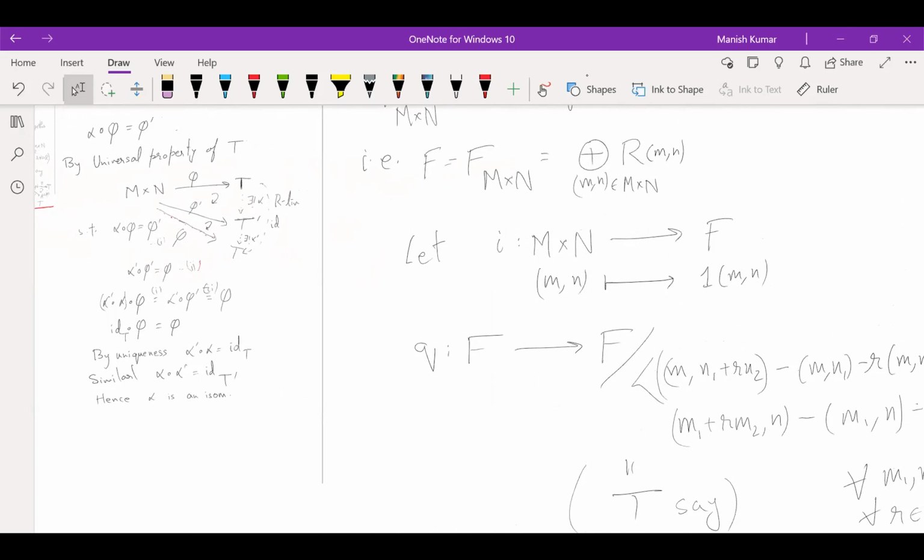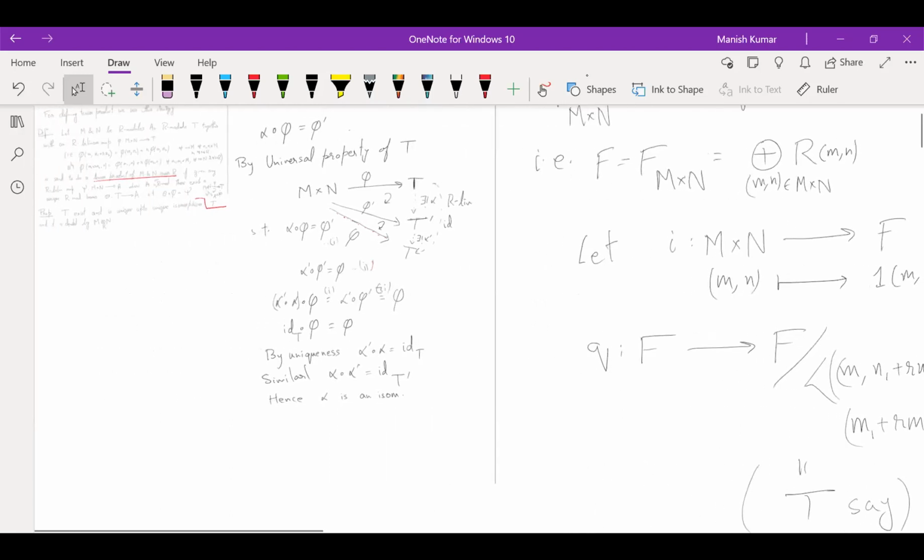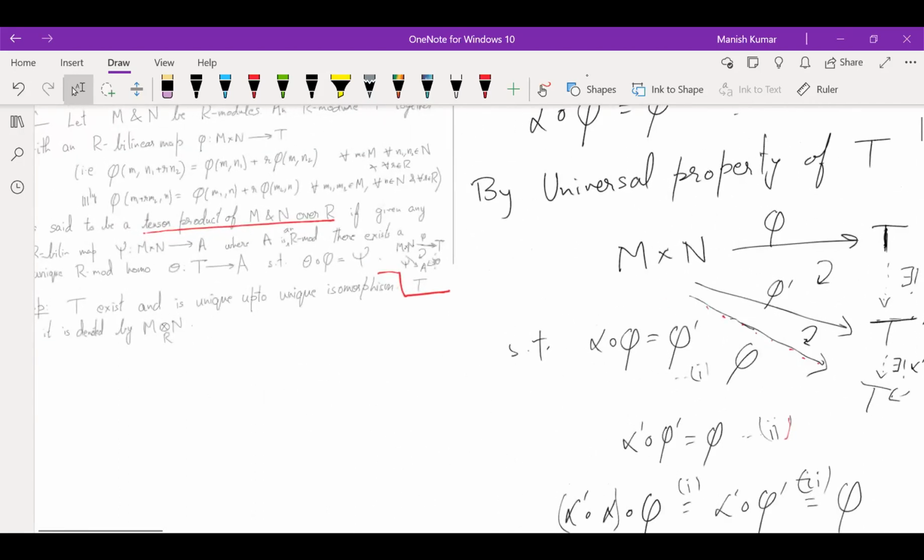The end result happens to be nice, but the objects you are using to construct it are not nice. F is a free module over infinitely many guys and so on. So what is useful is this universal property.